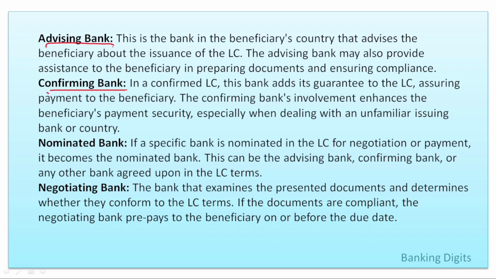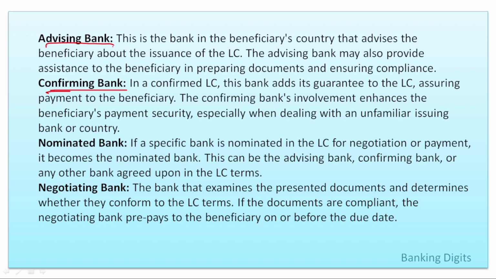Next is confirming bank. In a confirmed LC, this bank adds its guarantee to the LC, assuring payment to the beneficiary. The confirming bank's involvement enhances the beneficiary's payment security, especially when dealing with an unfamiliar issuing bank or country.